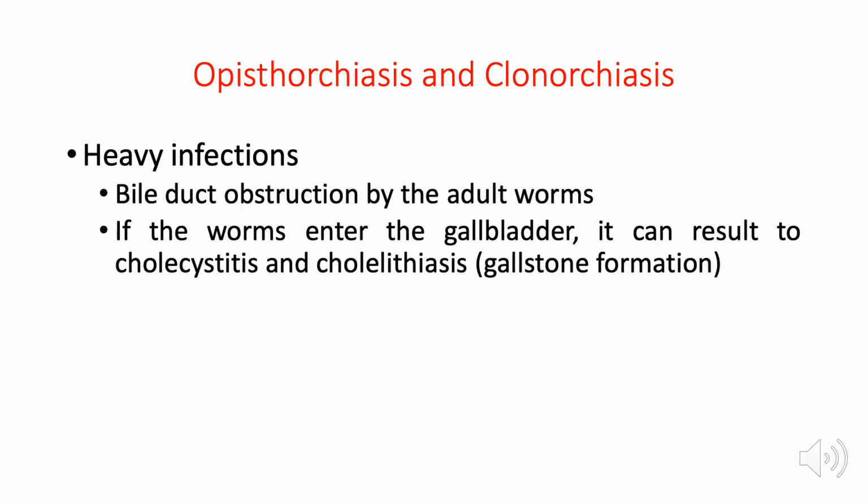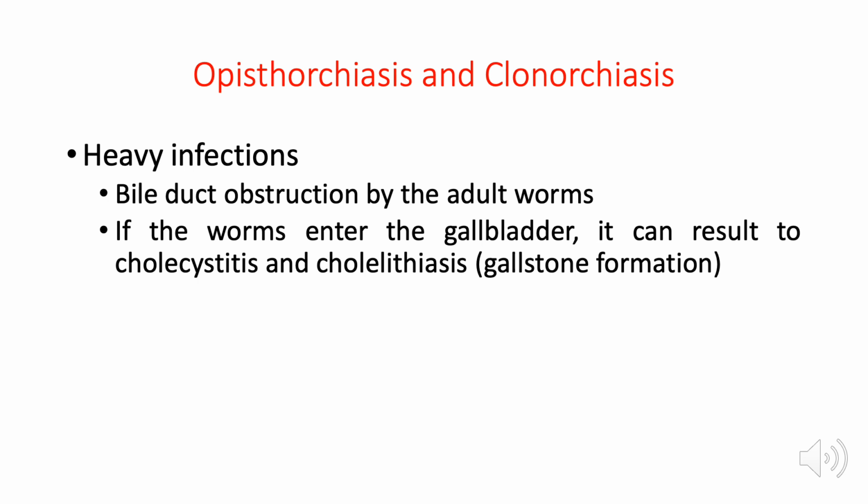In heavy infections, there is a probability now of bile duct obstruction, because you know very well that these worms prefer to stay in the lumens of the bile ducts. Thereby, they can really cause obstruction. And that will now increase the chance for the supersaturation of the bile.